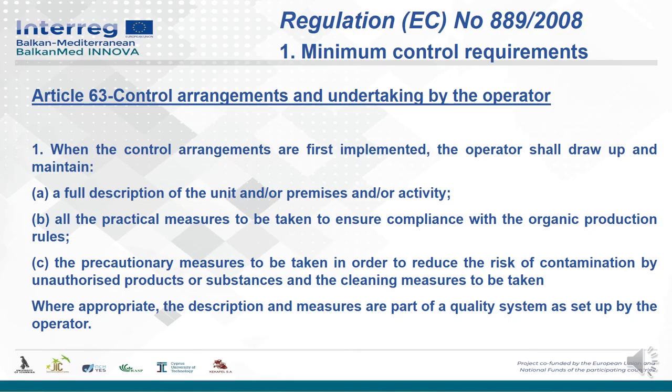Article 63. Control arrangements and undertaking by the operator. When the control arrangements are first implemented, the operator shall draw up and maintain a full description of the unit and/or premises and/or activity, all of the practical measures to be taken to ensure compliance with the organic production rules, the precautionary measures to be taken in order to reduce the risk of contamination by unauthorized products or substances, and the cleaning measures to be taken.